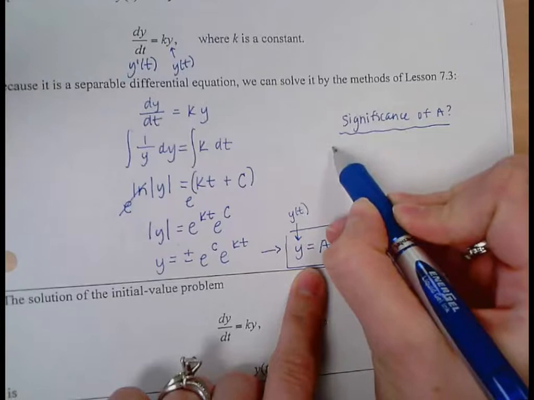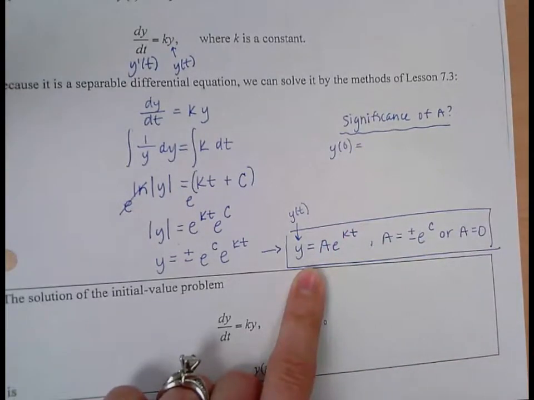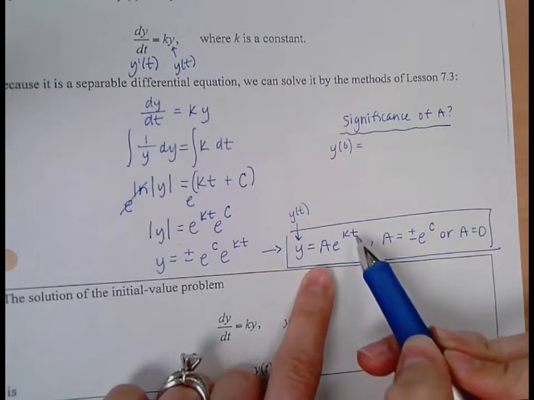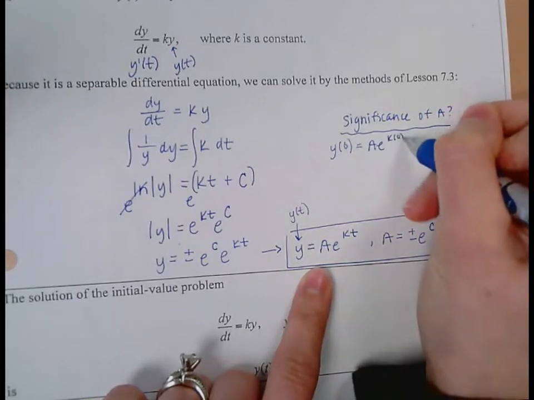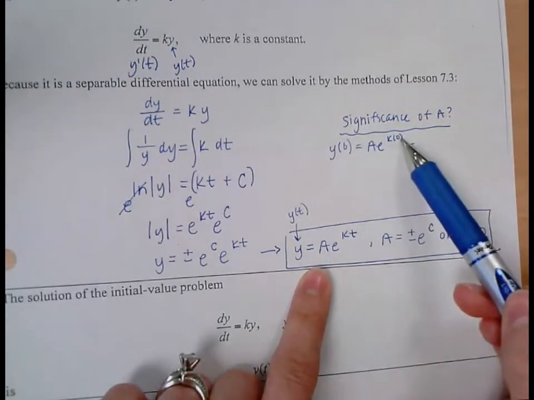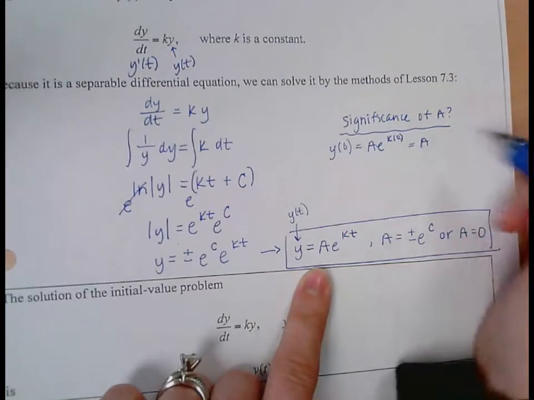say you wanted to find y of 0, so at time 0, what does the function equal? That would equal, if I substituted 0 in for t, a times e to the k times 0, and that's just going to be a. K times 0 is 0, e to the 0 is 1, so this is just a.